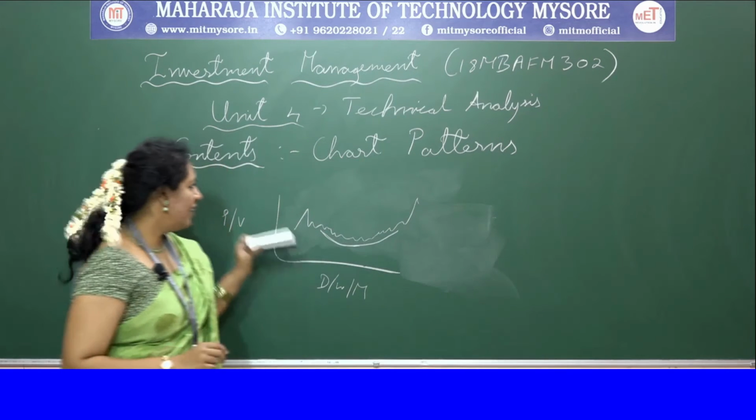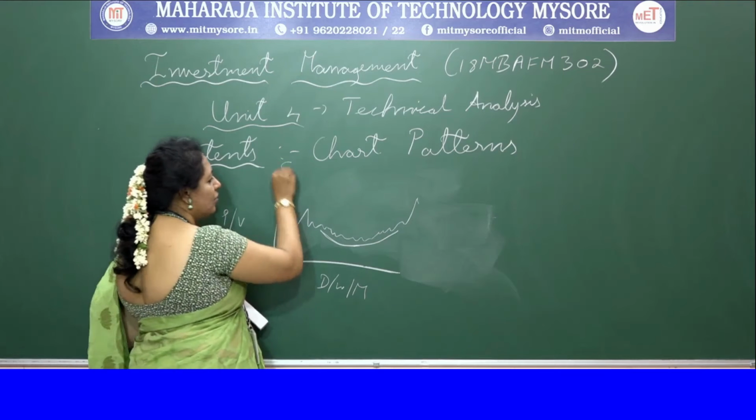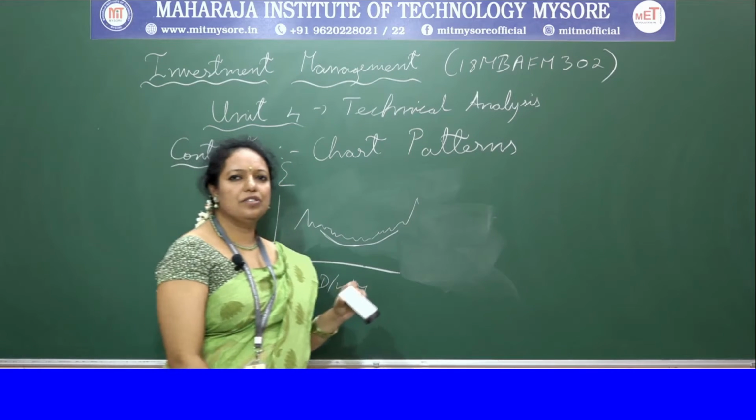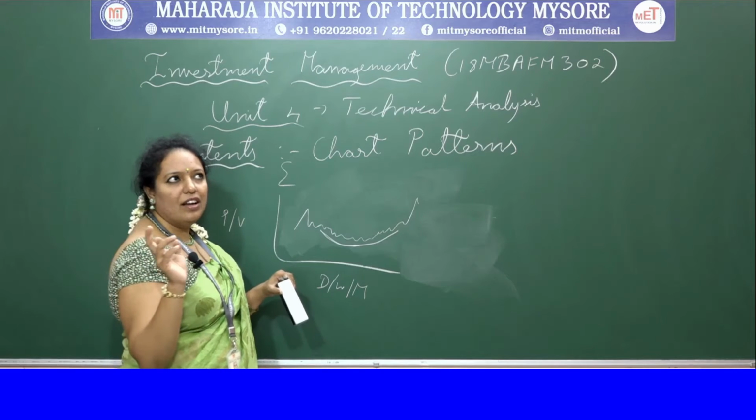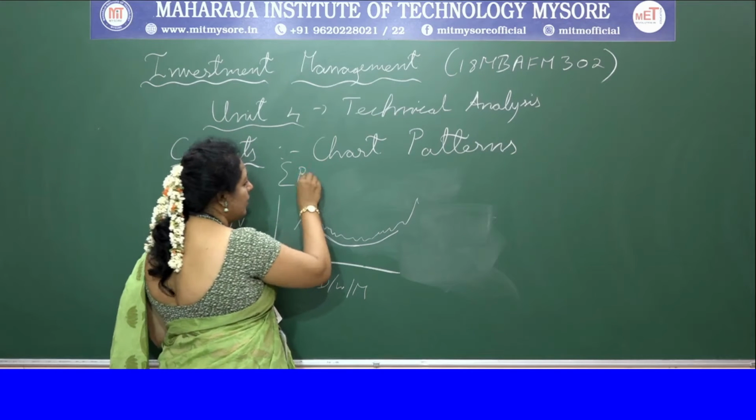So this is another type of what are all the types we have discussed. I'll not write there. Later on we might need it, so I'll write here. The different kinds of charts we discussed were, the first one was the support and resistance chart pattern.